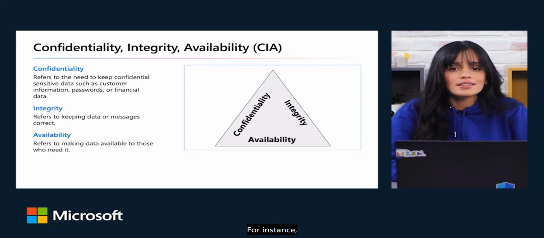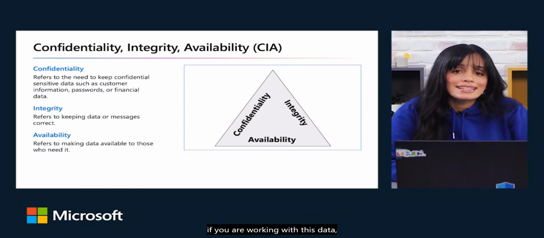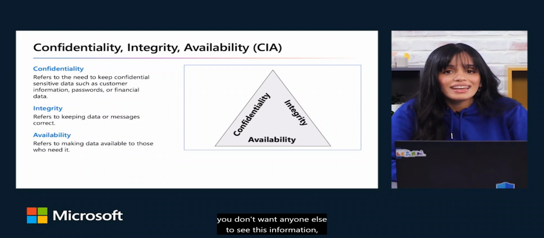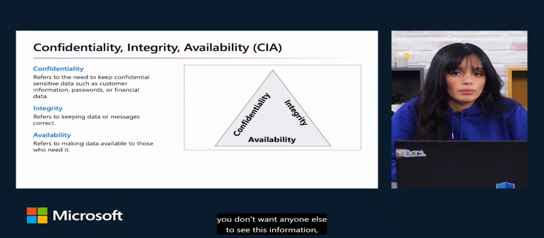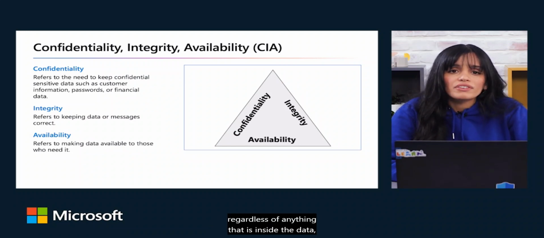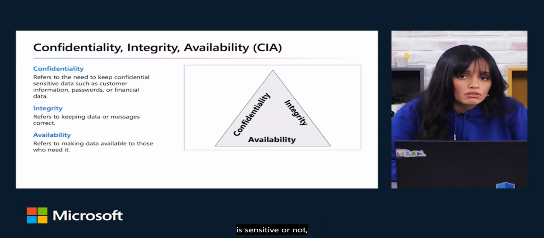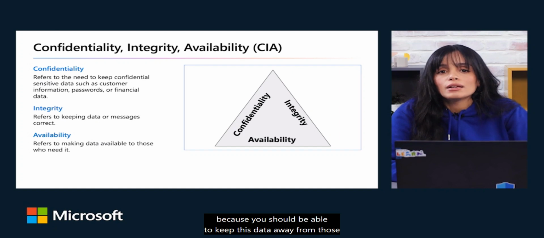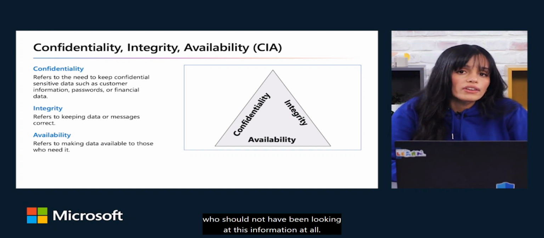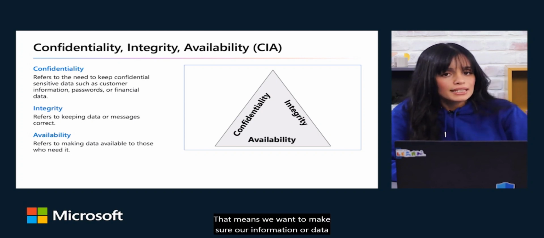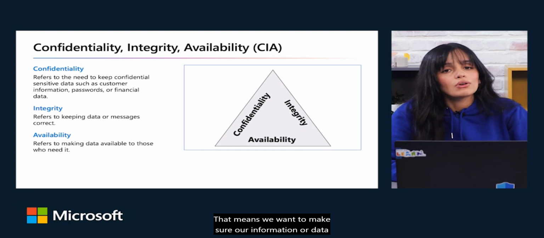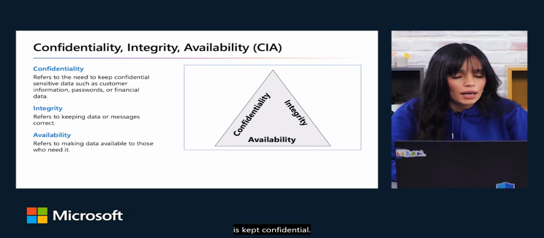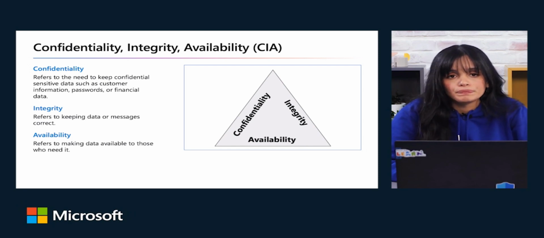For instance, if you are working with this data, you don't want anyone else to see this information, regardless of whether it's sensitive or not, because you should be able to keep this data away from those who should not have been looking at this information at all. That means we want to make sure our information or data is kept confidential.